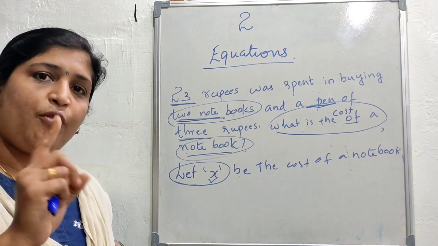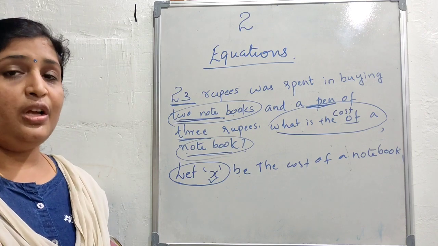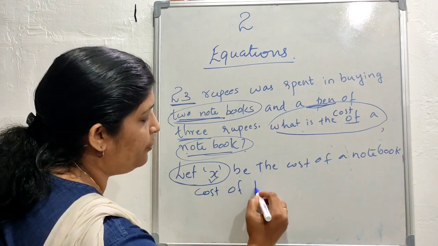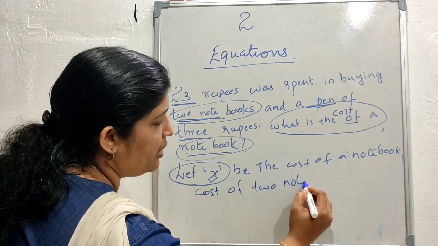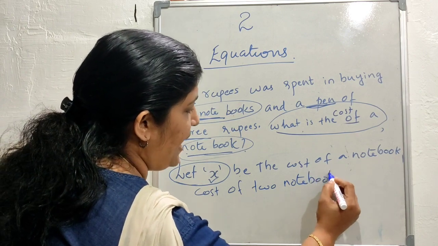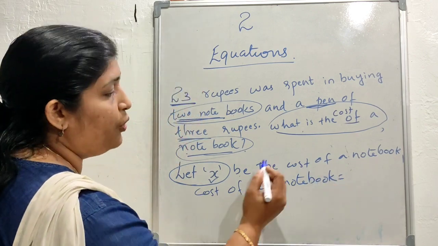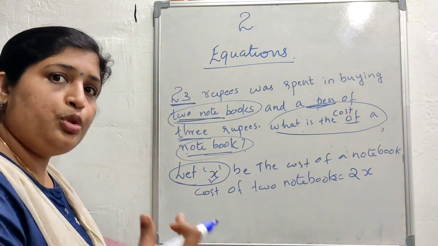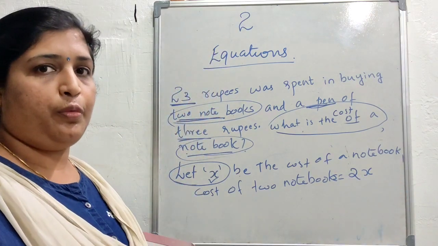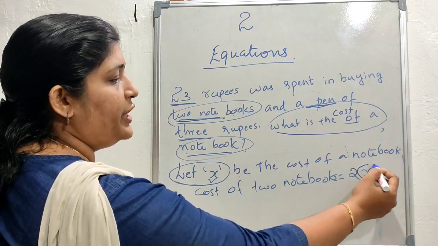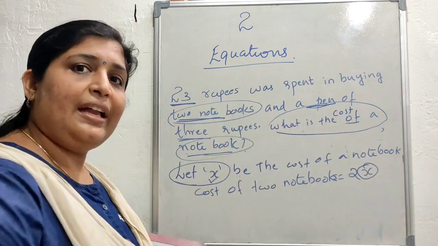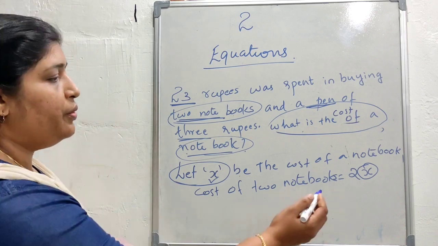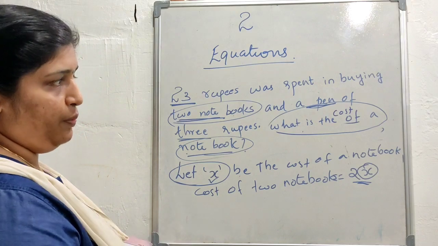The cost of 1 notebook is X rupees, then the cost of 2 notebooks is 2X, that is, 2 times the cost of 1 notebook. So 2X is the cost of 2 notebooks.